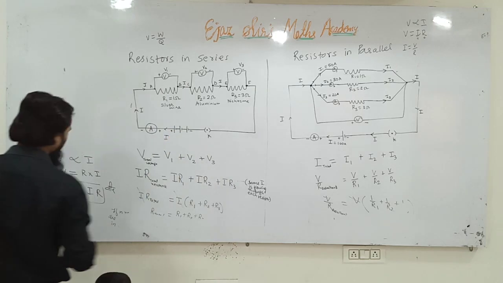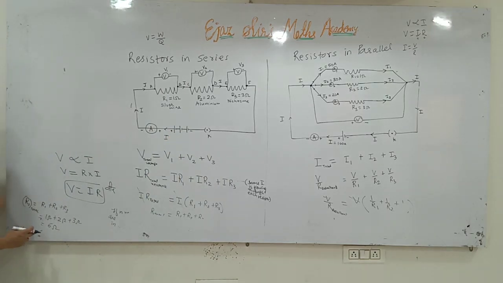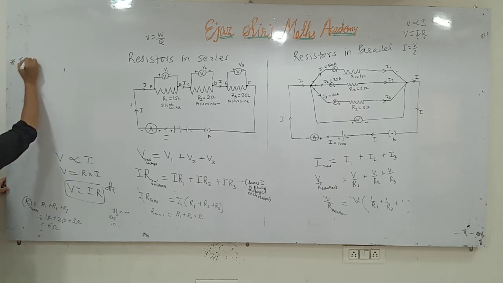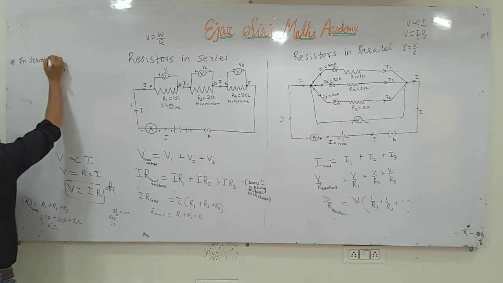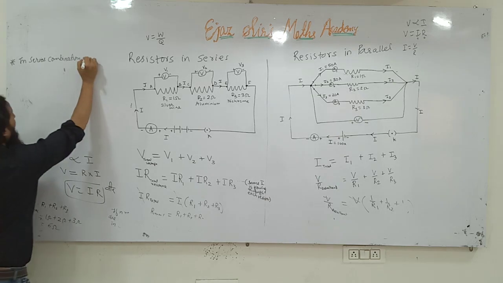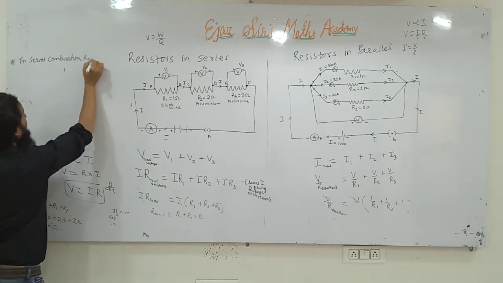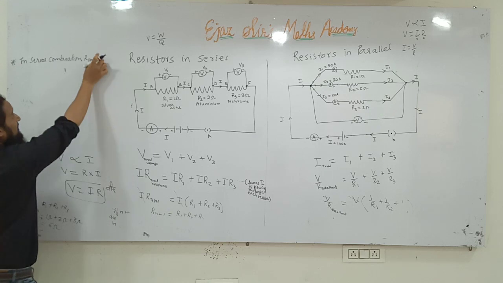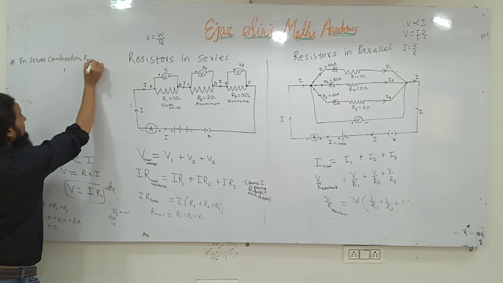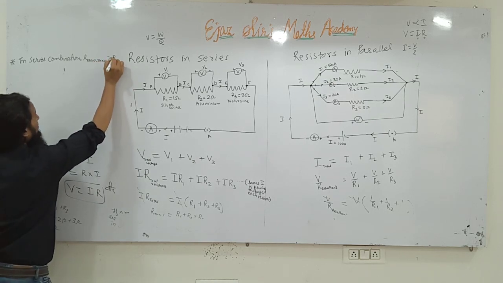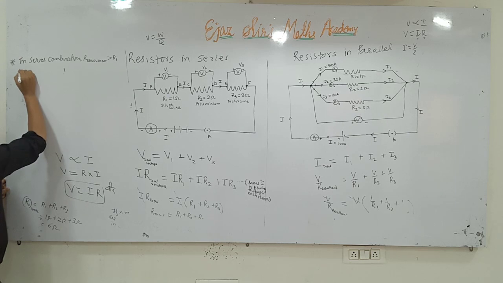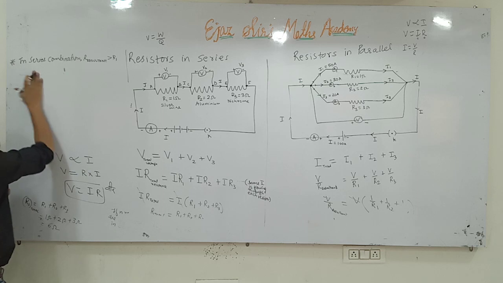See here, the resistors are connected in series. So what is the total resistance? 6 ohm. What can we write here? In series combination, R total, instead of R total I can write R resultant also.